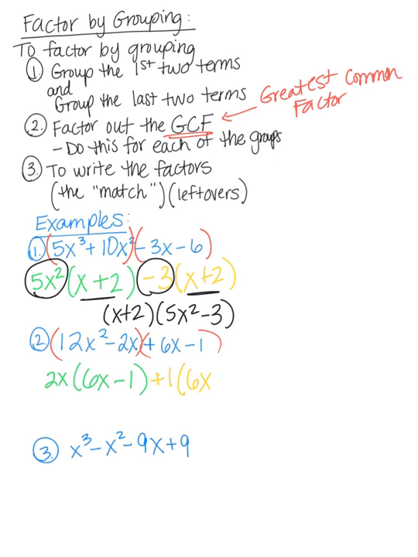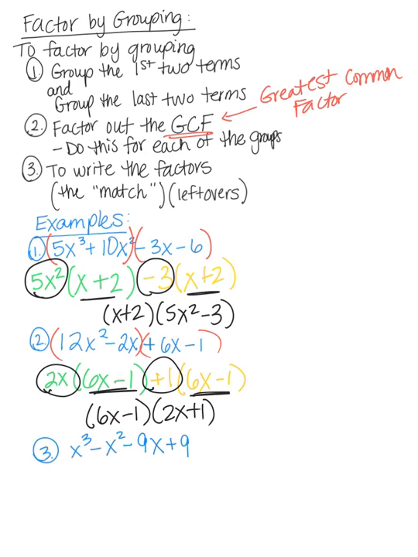So I'll have 6x minus 1. And the reason is also because, remember, the whole idea is that I want to have something that matches, and they already match. So I just put that 1 out there. I'm going to now write my match, which is 6x minus 1. And then I have a 2x and a plus 1 left over.